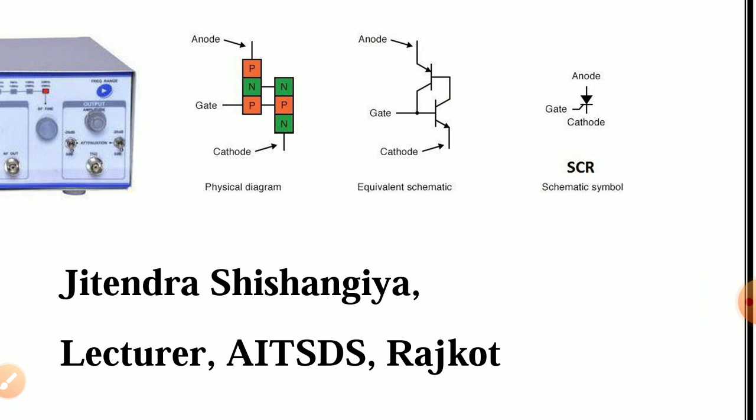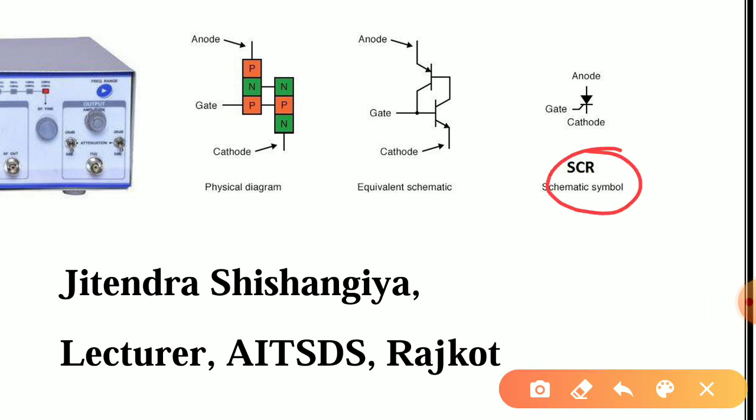In our previous lecture, we discussed the oscillator. But as the name of the unit suggests, semiconductor devices, in this video today we are going to discuss one semiconductor device. Yes, as you can see on the screen, we are going to discuss the SCR, that is, the silicon controlled rectifier.